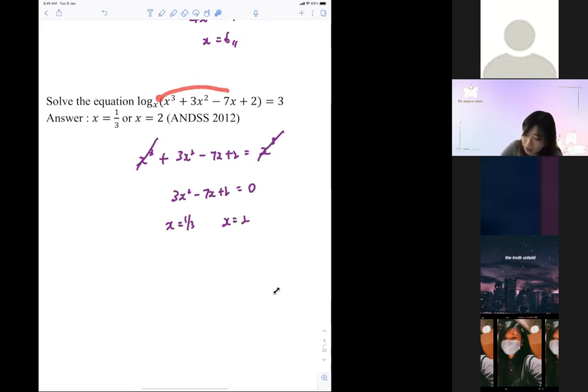Sub your x inside here, see whether it is more than 0. Sub your x inside here, see whether it is more than 0. x is also the base number. Both numbers are more than 0. So it's applicable here. You must check both sides. Check the bracket. In this case, when you sub your x value inside, it will be more than 0. Both answers you accept.